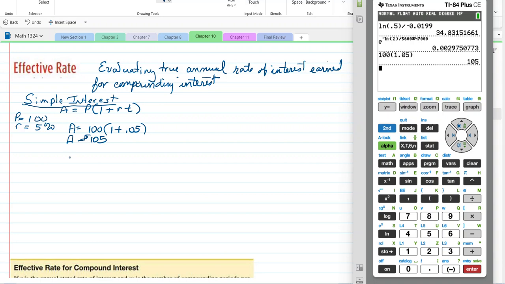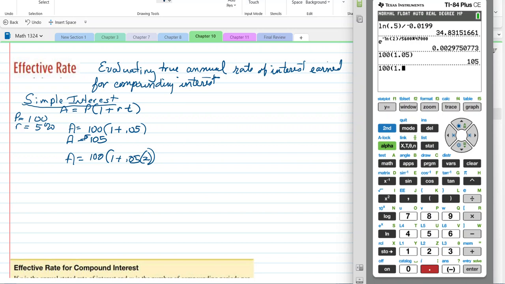So on the second year, I'd still have 100, 1 plus 0.05 for 2 years, and that would give me 100, parenthesis 1.10.